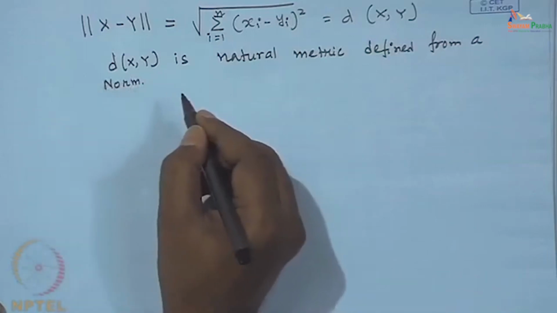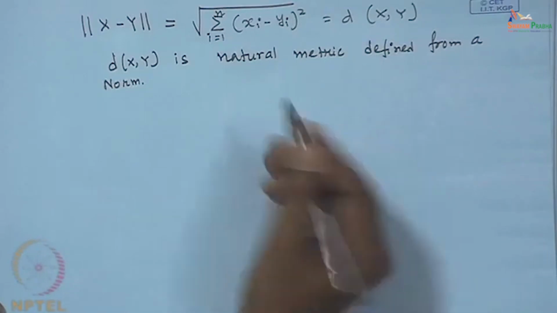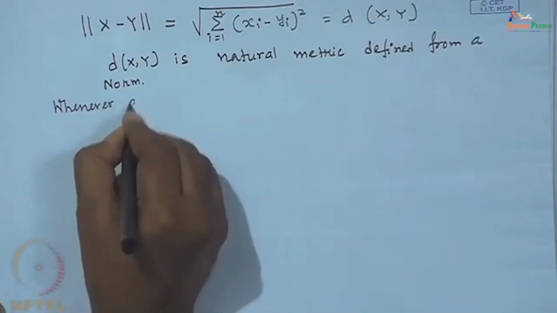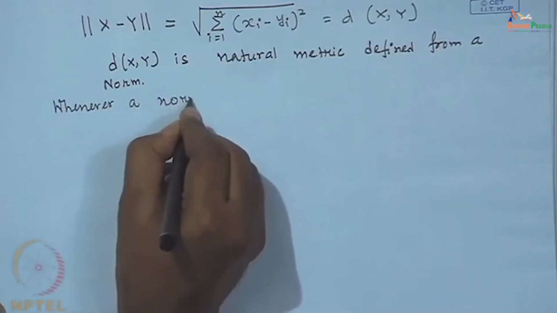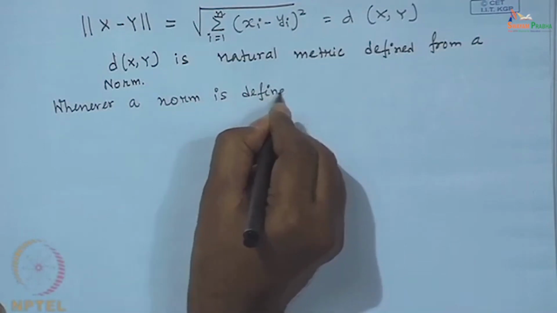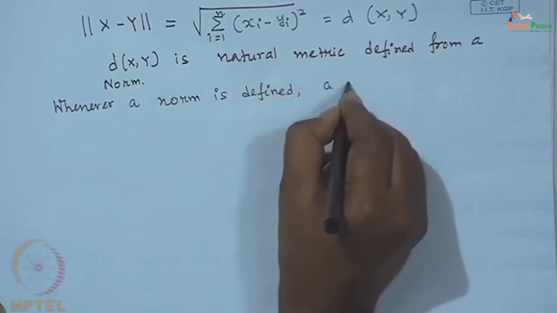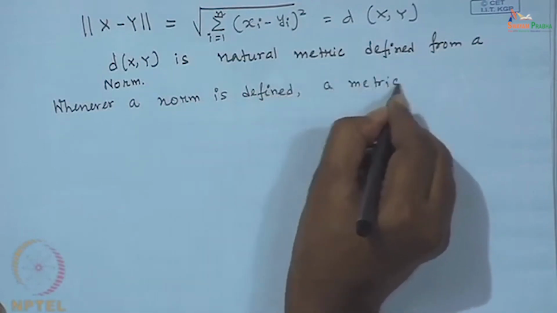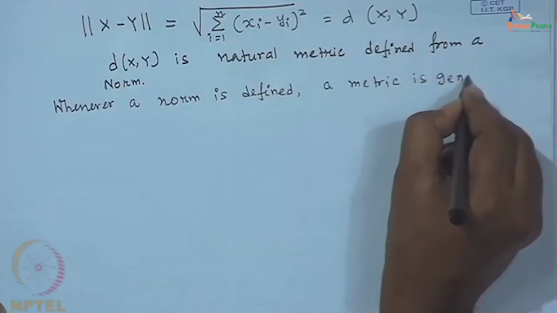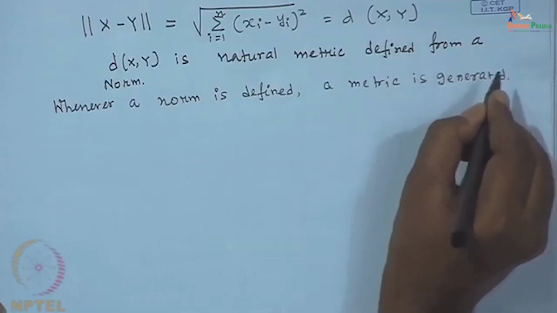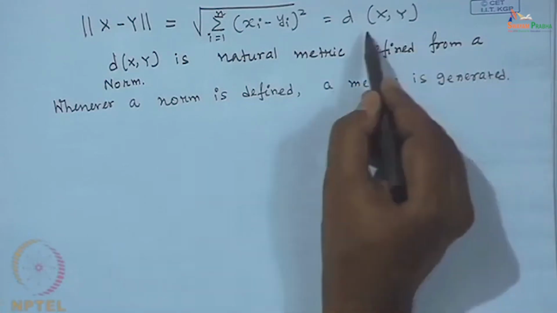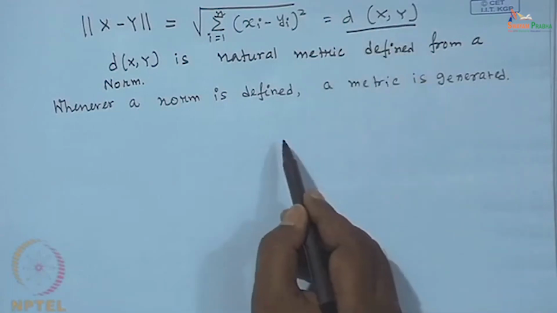Whenever a norm is defined, a metric is generated. So, whenever we define a norm, a metric is naturally derived, automatically generated.